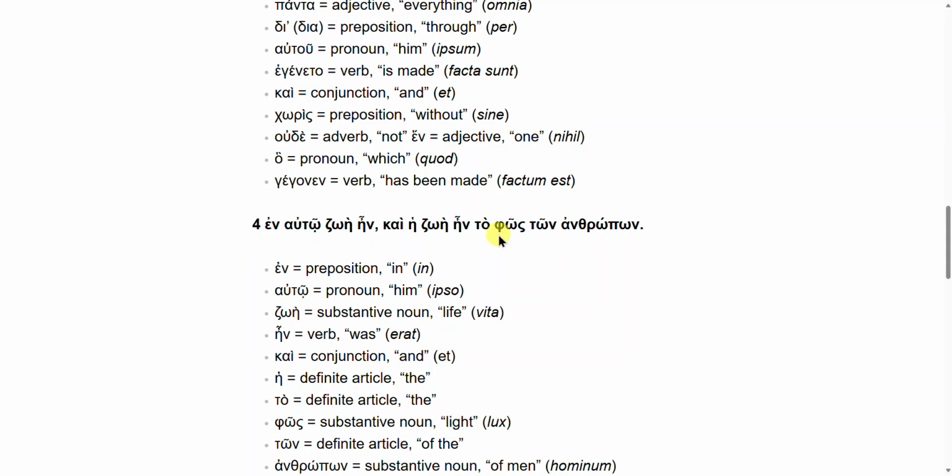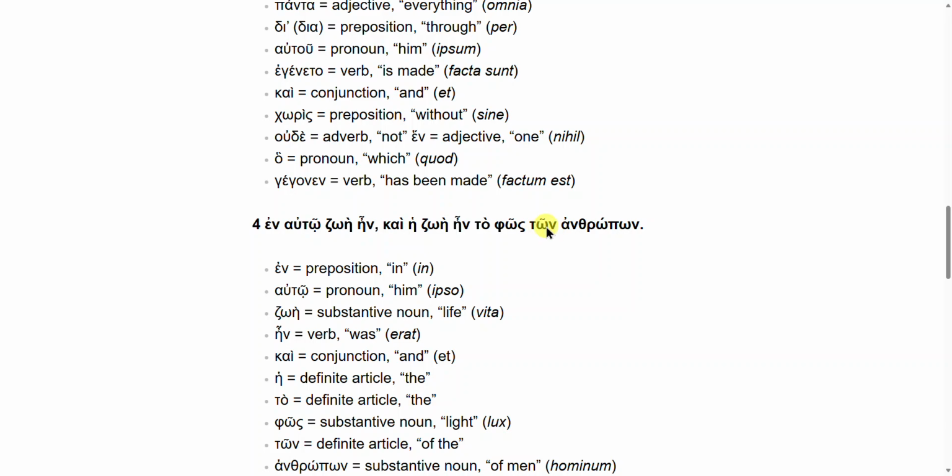If you think of the English word photo or photography, it's derived from this Greek word phos, which speaks of light. So, and the life was the light ton. This is another form of the definite article, a genitive plural form of the masculine definite article.